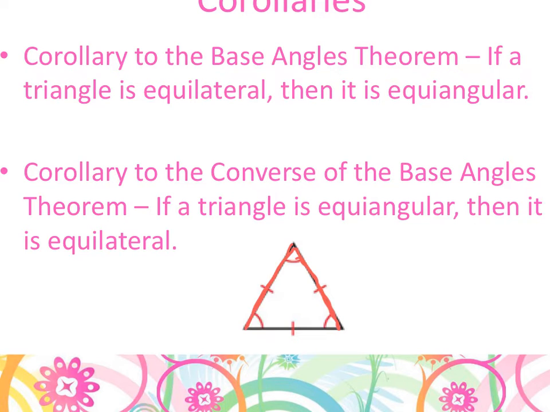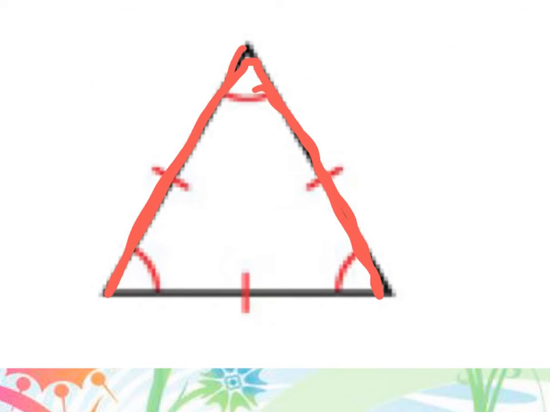Yes, ma'am? And what would be the vertex? So in an equilateral triangle, we don't really have base angles and a vertex angle because it's more specific than that. But one thing we know about an equilateral triangle is all the angles are congruent, all the sides are congruent. That still matches up with an isosceles triangle, because we just learned that if these sides are congruent, then those two angles are congruent.